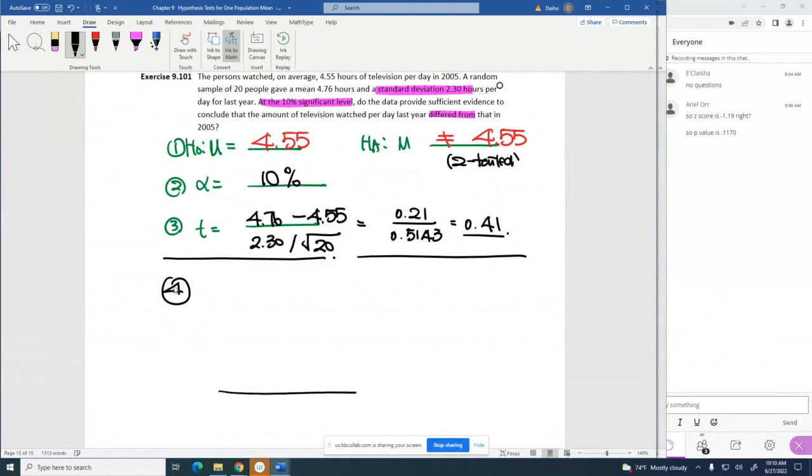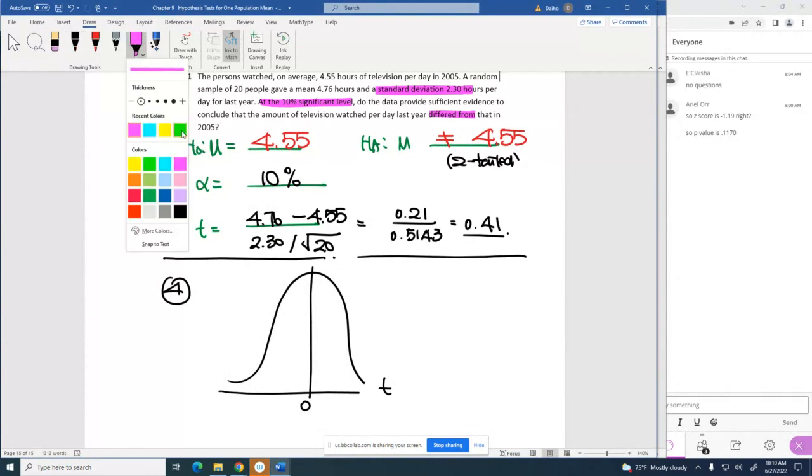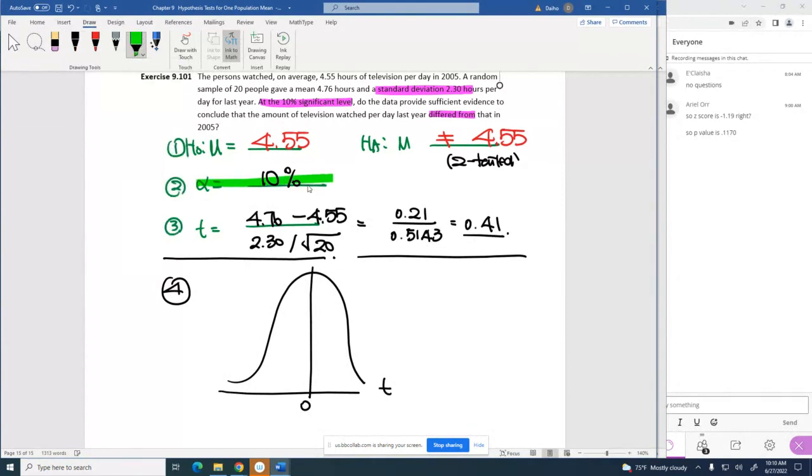So let me make another bell shape for the t distribution with a mean equals 0. What did I do? We plugged the alpha significance level of probability into the tails, right?